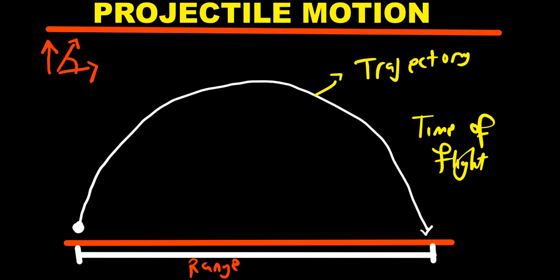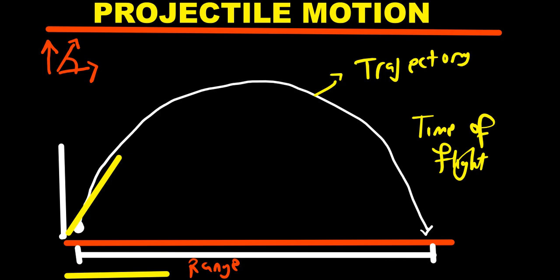Let me say this is our vertical. Let's say this is our vertical direction, and let me represent this as our x, like that. Let's say it's projected like that.